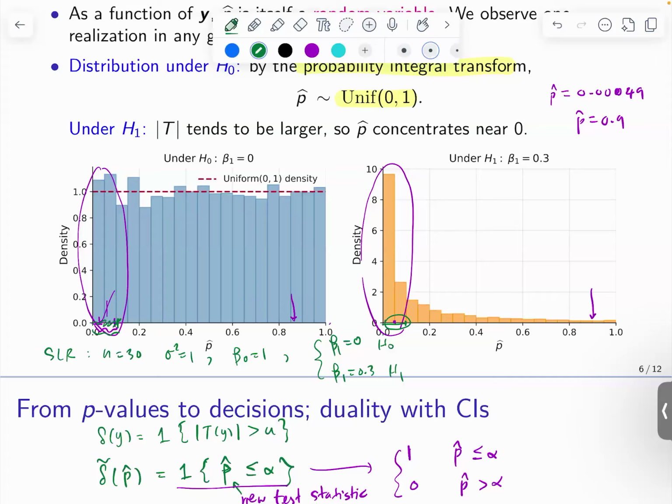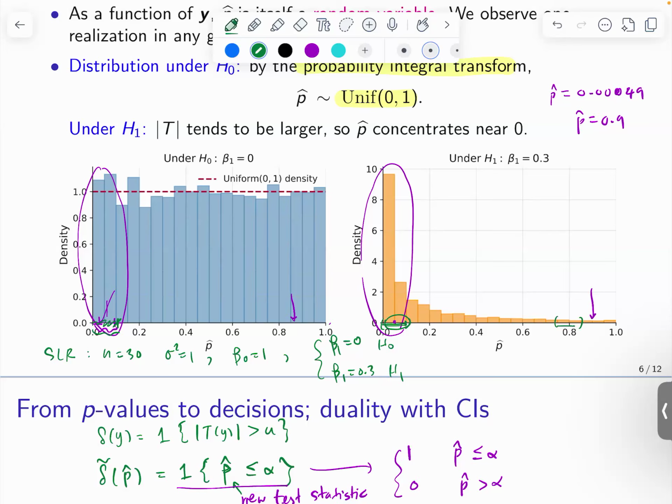This is going to be non-uniform here. The probability to observe anything here would be much higher than the same length of interval around here, but under the null here it would be equally likely. Maybe that would be surprising, but that's the fact of life, yes. Any other questions?